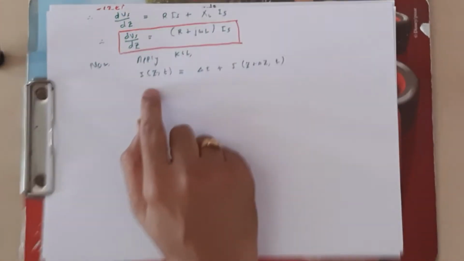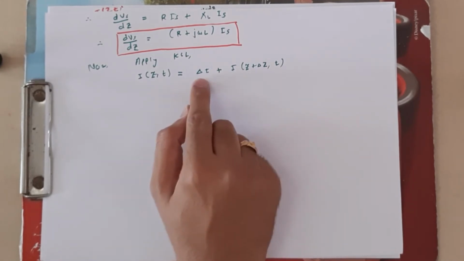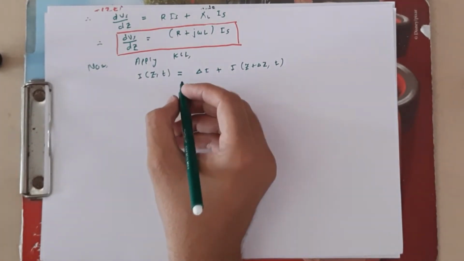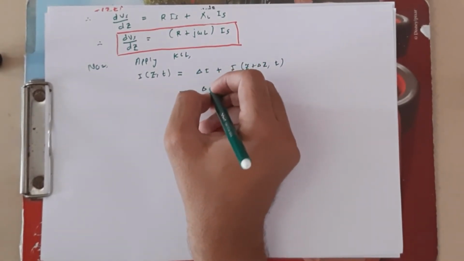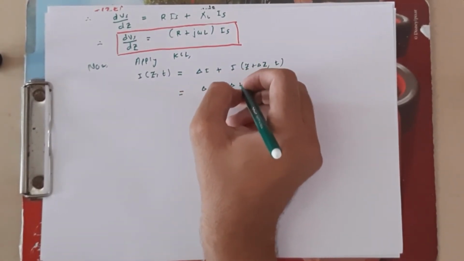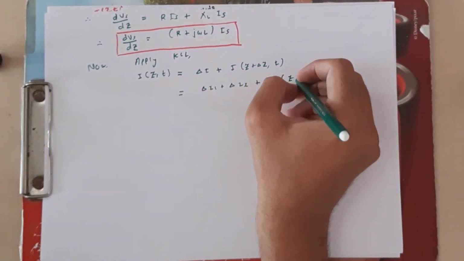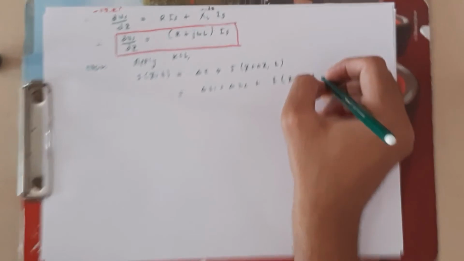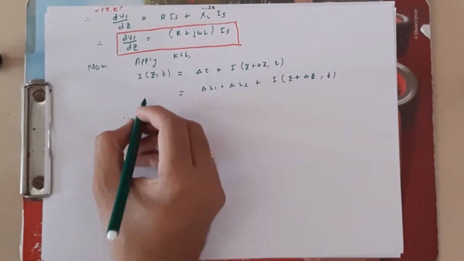So this I of z,t is equal to delta I plus I of z plus delta z, t. What is delta I? Delta I is delta I1 plus delta I2 plus this quantity. So I have to take this quantity to the left hand side.